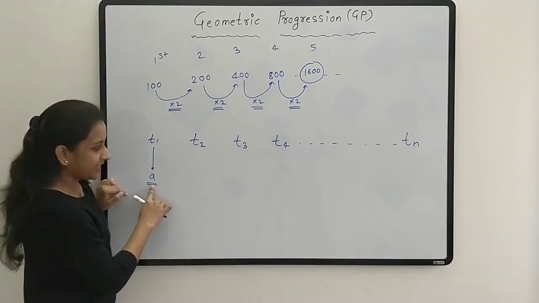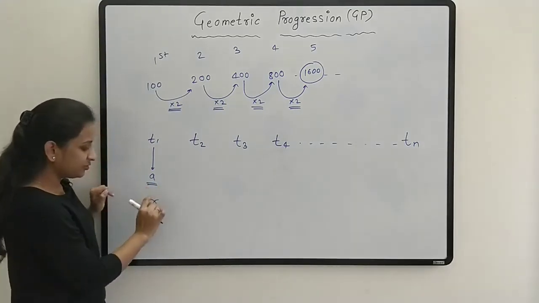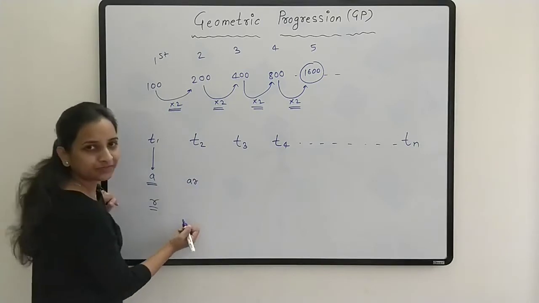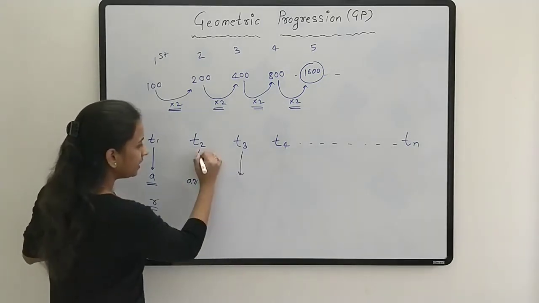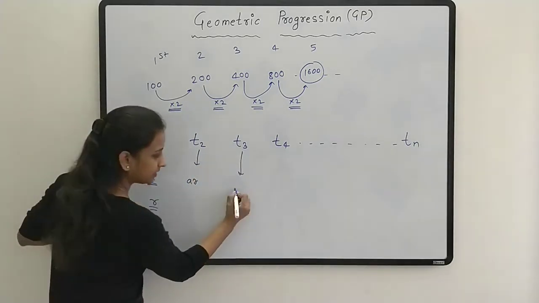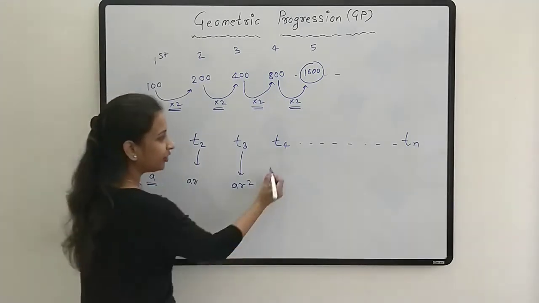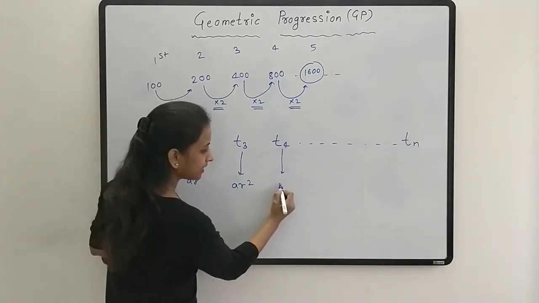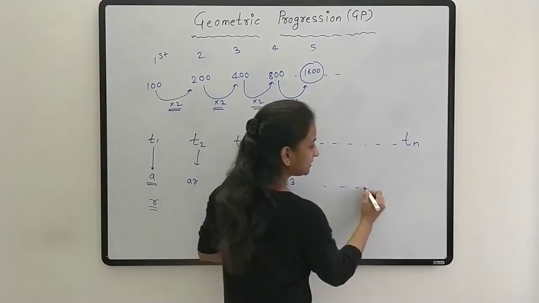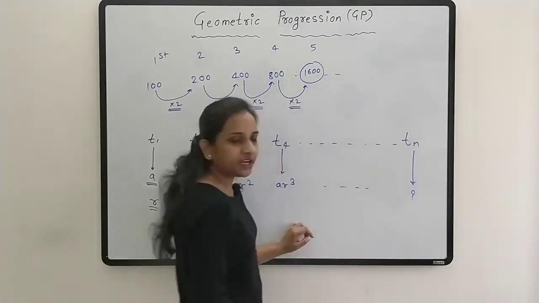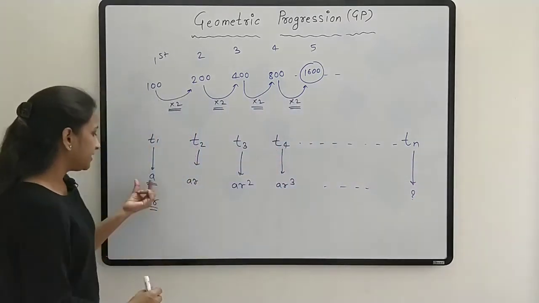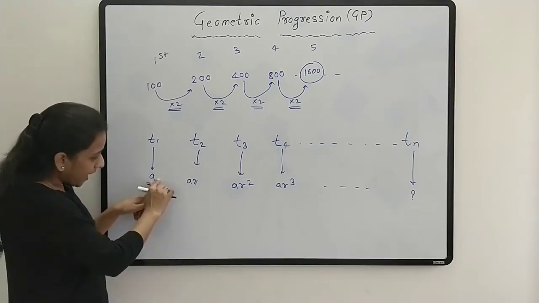See, the first term is A. Then the second term will be A into common ratio, AR. The third term will be the second term into R, AR square. Right? The fourth term will be this into R, AR cube. Like this, we can find the nth term of this series. See, the first term is A into R power 0.